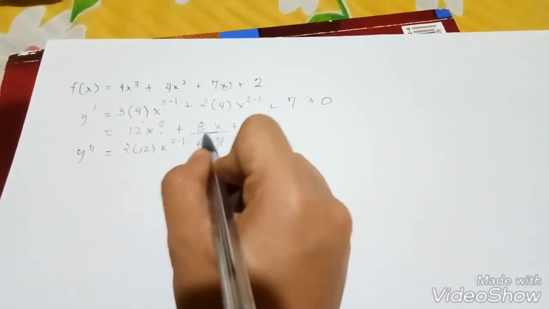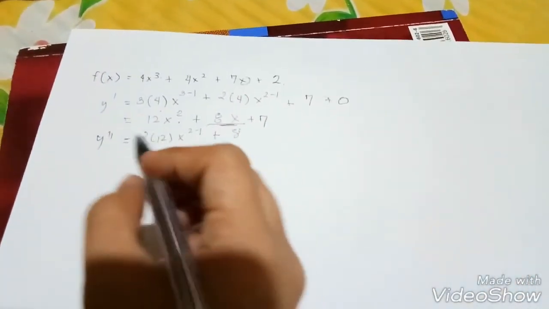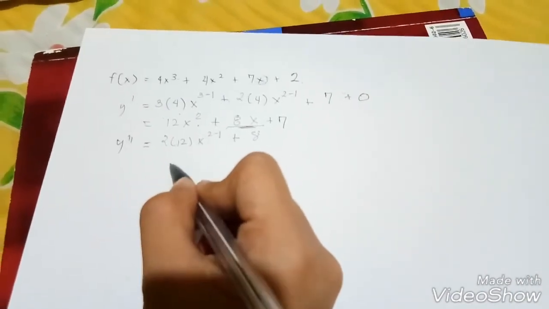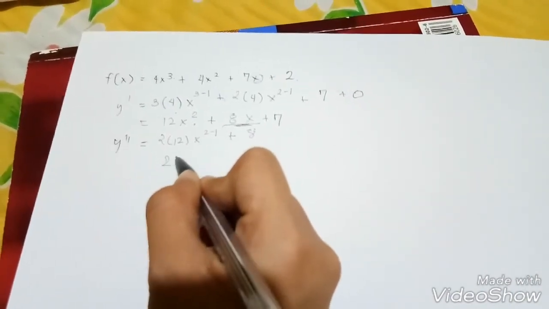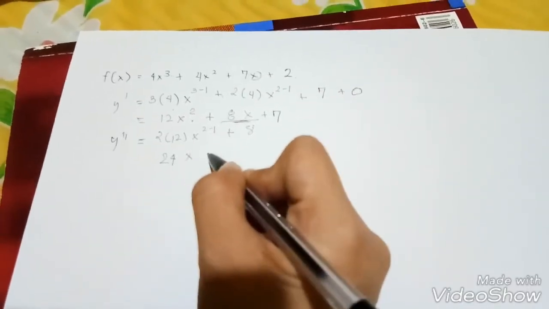We have this kind of derivative. So 12 times 2 is equal to 24x plus 8.